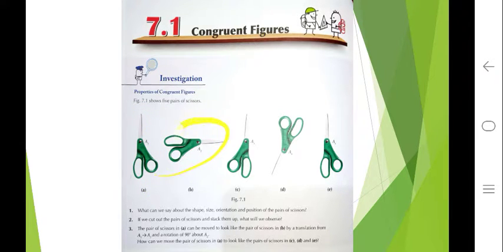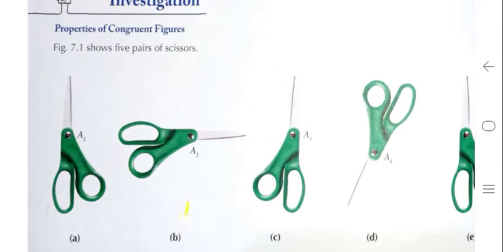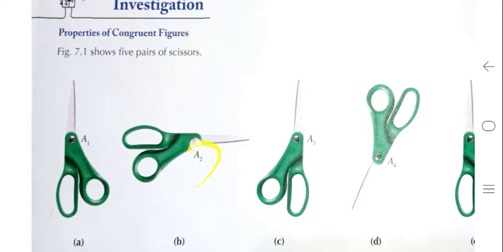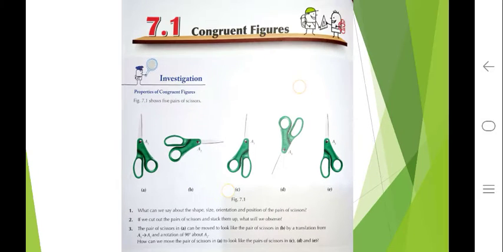This scissor is A2. It's got a name on it. The scissor A2 is scissor A1 but rotated 90 degrees clockwise, is it?